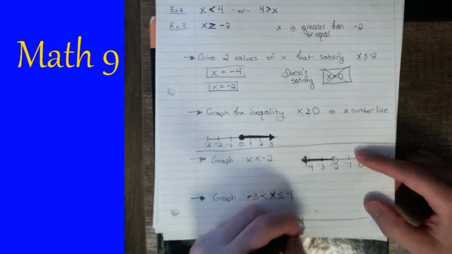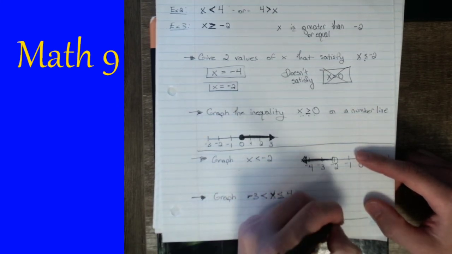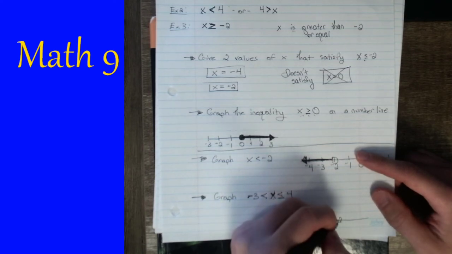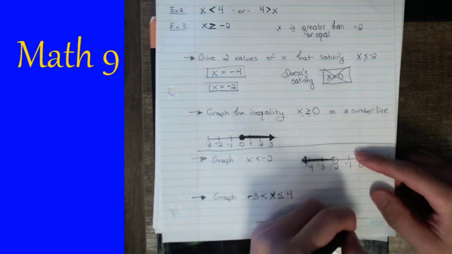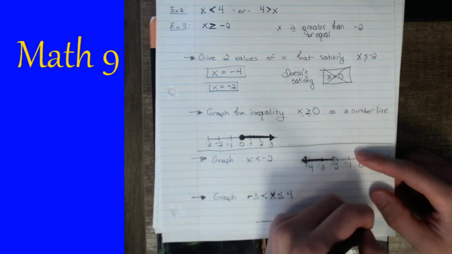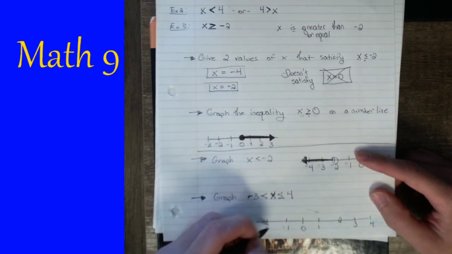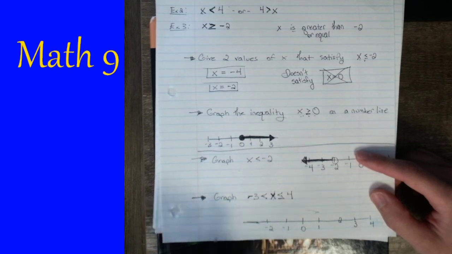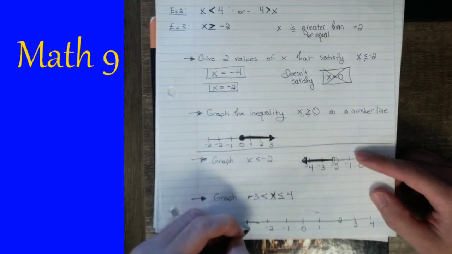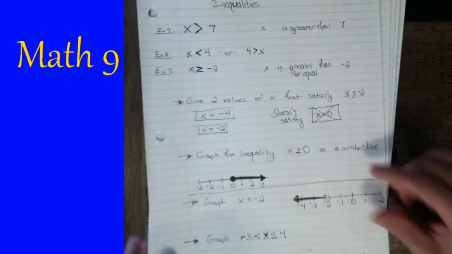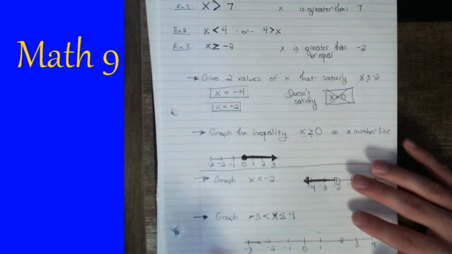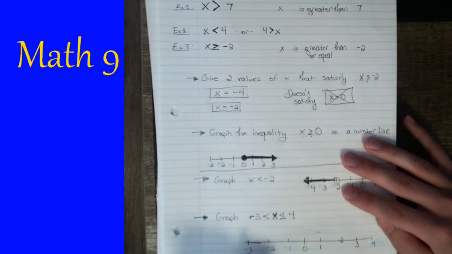Here's our 0, 1, 2, 3, and 4, and -1, -2, -3.